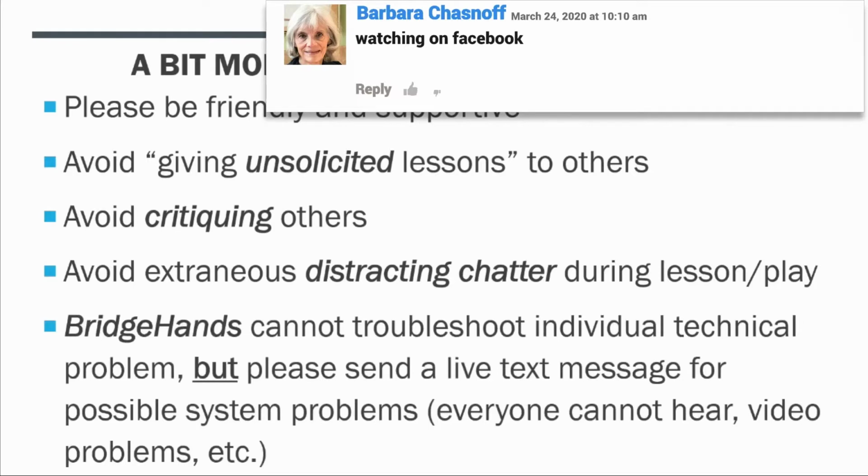So, okay, next, as far as troubleshooting, if you do have problems, if it's an individual problem, I won't be able to help you now, but we can maybe take those offline. But there's certainly a lot of different things that go on the internet, as I'll speak about in a minute. But if it turns out that everybody can't hear, then I probably have a problem on my side.